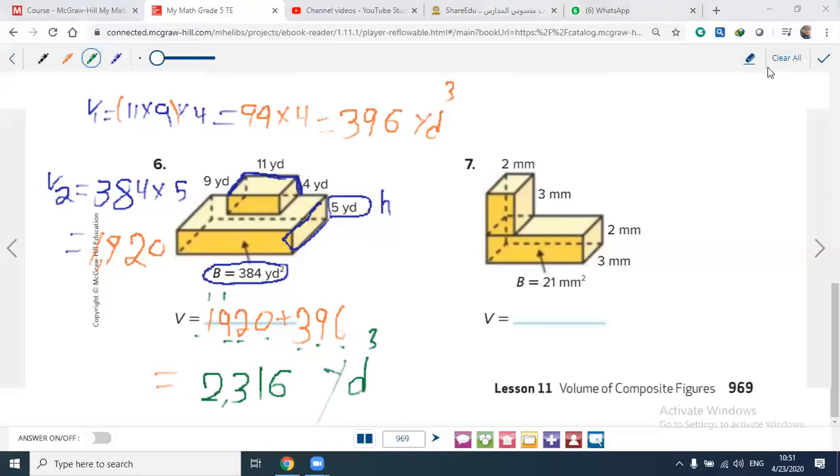Okay. Here, number 7, I have a composite shape that contains 2 shapes. The top one with dimensions, I have here 2, right? And 3. What should the third dimension be here? 3.